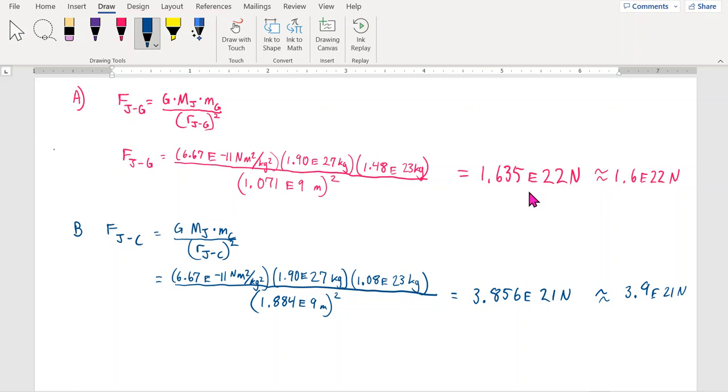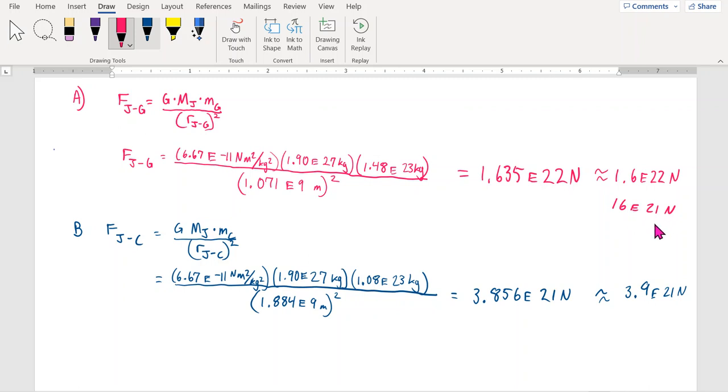What I do want to point out is I want to put these into values that are easier to deal with. So I'm going to rewrite this 1.6, and I'm going to change it into 16 E21 newtons. That's 16 times 10 to the 21 newtons.